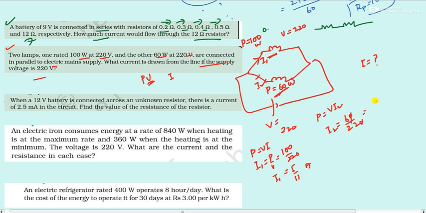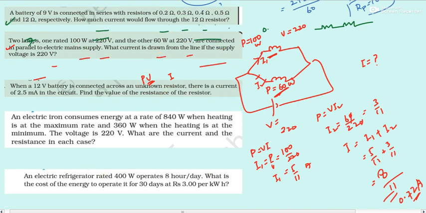So you will get 3 by 11. Now just add them. The total current will be I1 plus I2. So 5 by 11 plus 3 by 11. 11 is common, so 5 plus 3 is 8 by 11. If you write this much you'll get the answer, or when you divide this you'll get 0.72 ampere. That's all. Isn't it easy?